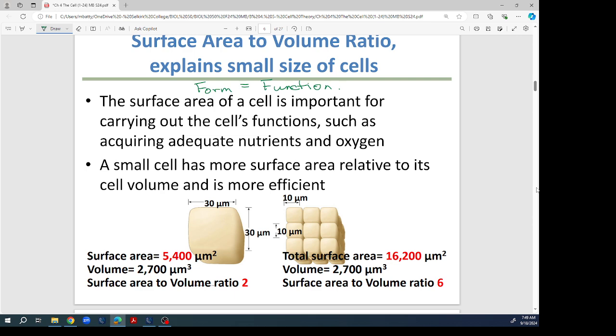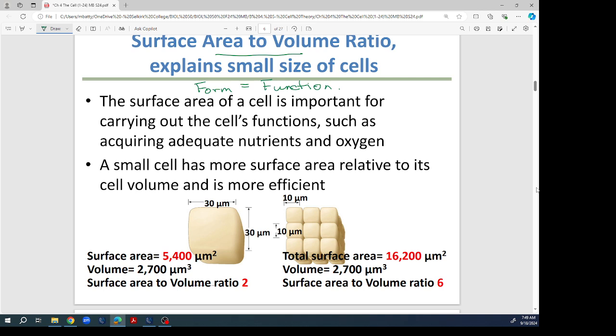If we take a look at cells, they have to obtain everything through their surface. Everything comes in and everything goes out through their plasma membrane, their outer boundary. And so surface area to volume is really important. Surface area to volume ratio explains why cells are small, and it is an illustration of form and function.